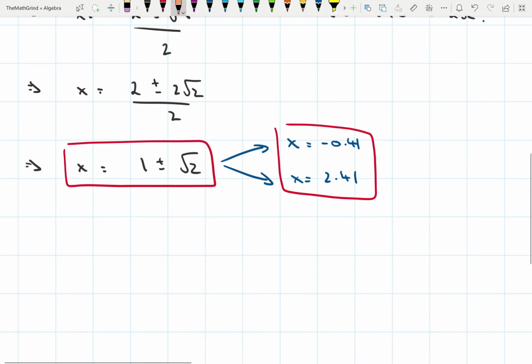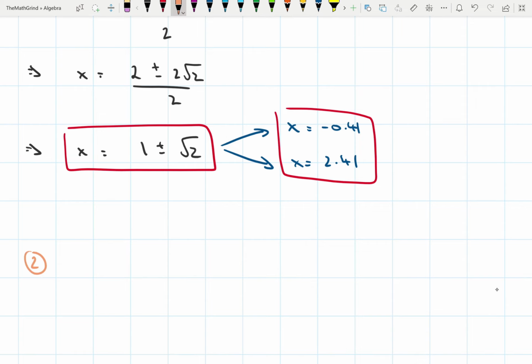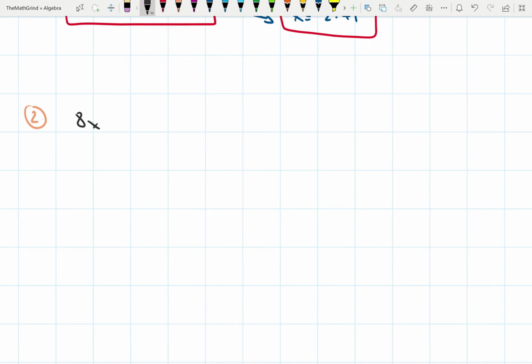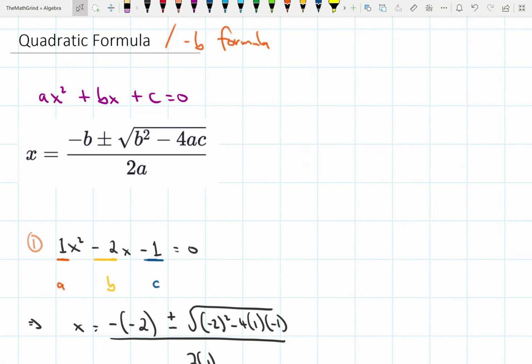We're just going to look at another example down below. And this time we're going to look at 8x squared negative x negative 15 is equal to 0. So in this one, again, we're going to be using the same formula, so I'm just going to go up and copy and paste it.